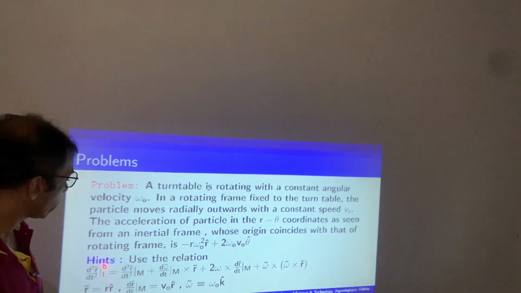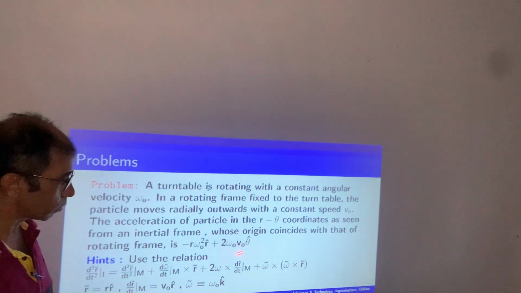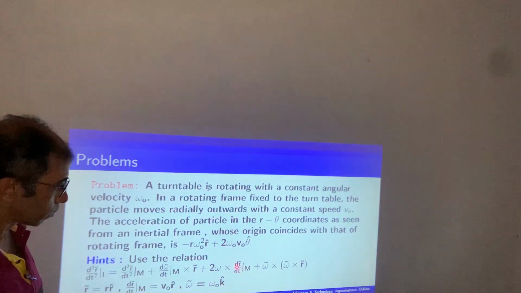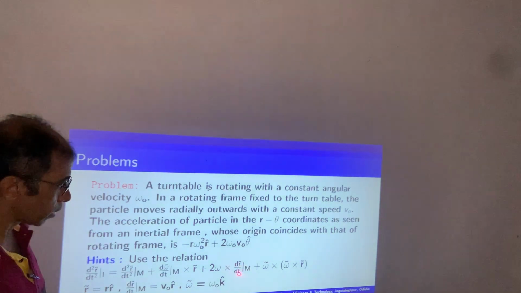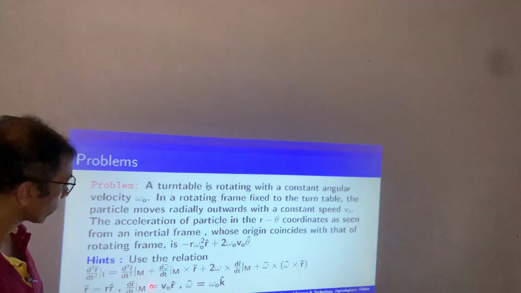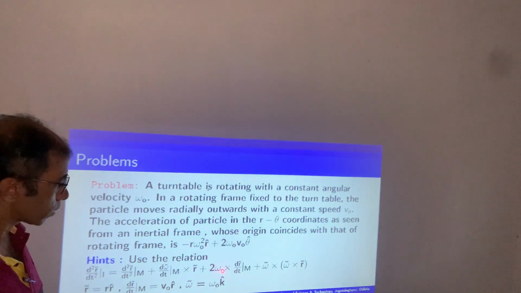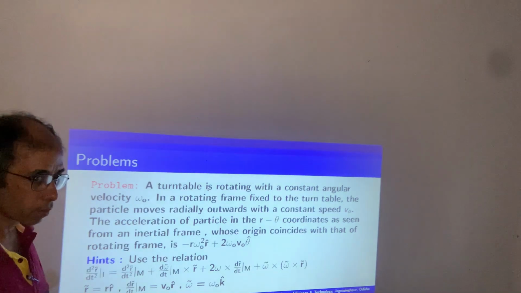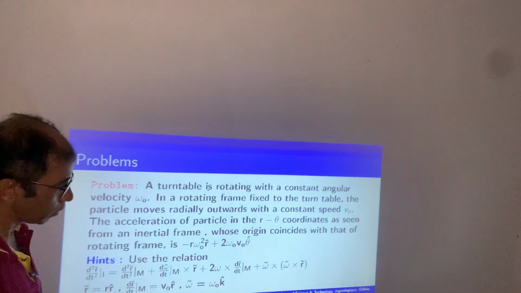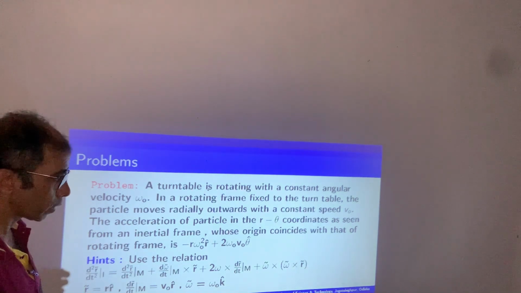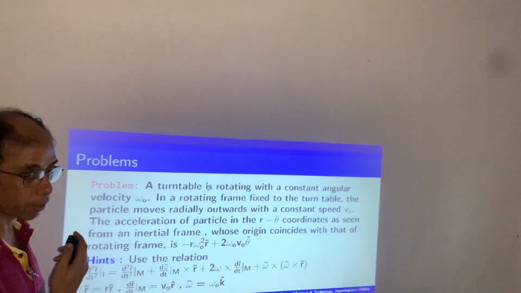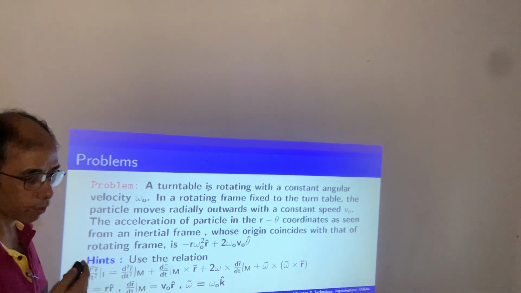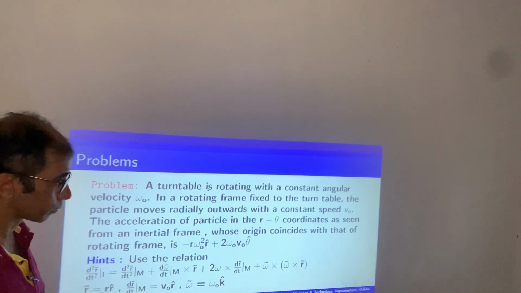But in the inertial frame this acceleration will not be 0, it will be like this. There will be a contribution from this term and this term. So dr dt is v0 r cap. So what is omega cross r cap? Think, omega is in the z direction, omega cross r cap. If you think correctly, that will give us a direction in theta cap. Right?